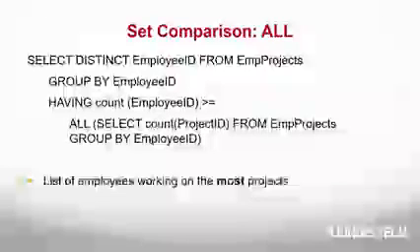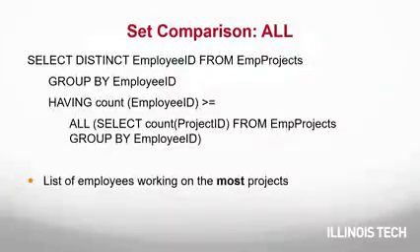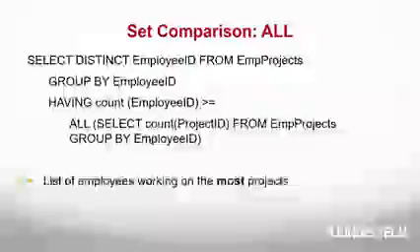So the number of times the employee appears in the employee projects table, or the number of projects that employee is working on. So I can say, select employee IDs from the employee projects, group by the employee ID, and with the condition of having the count of employee ID, the number of projects that employee is working on, be greater than or equal to all, again, of selecting the count of project IDs from the employee projects, grouping by the employee ID.